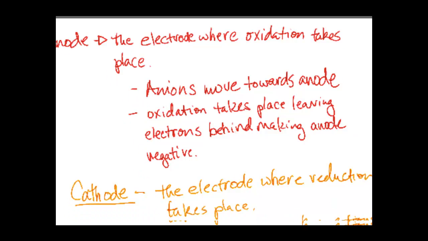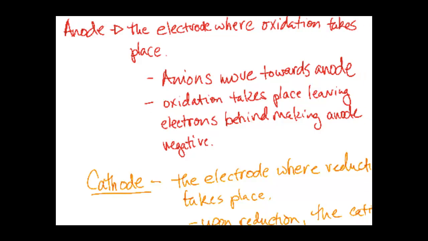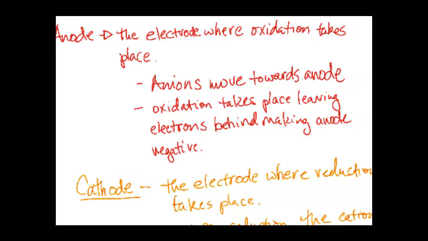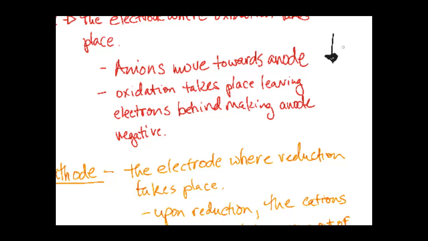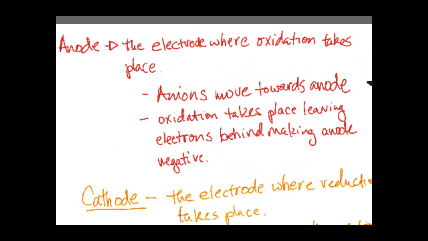If you forgot your activity series rules, basically the further down on your table you are on your activity series, the more easily it'll be oxidized. Okay, so we're going to have anions moving towards this anode, and oxidation is going to leave electrons behind, making the anode slightly negative. We say it's got a negative polarity.